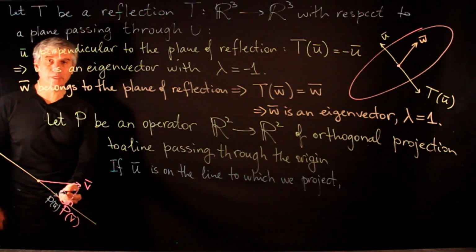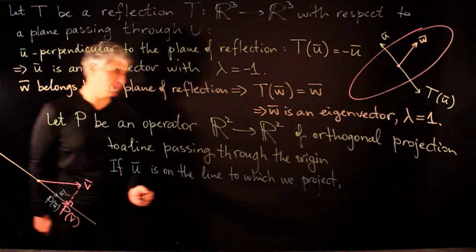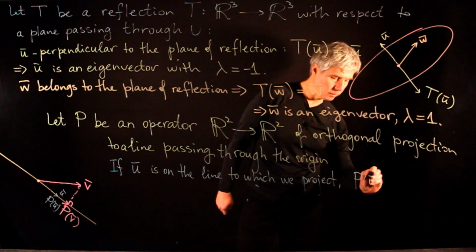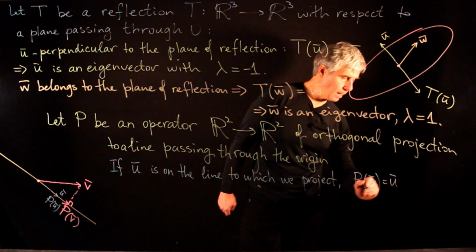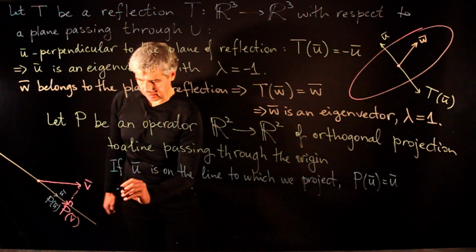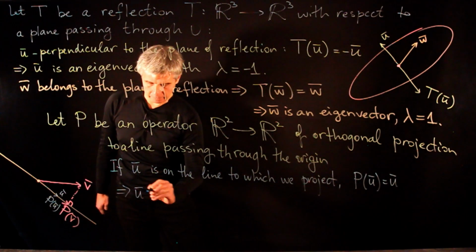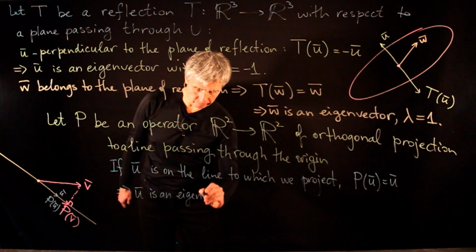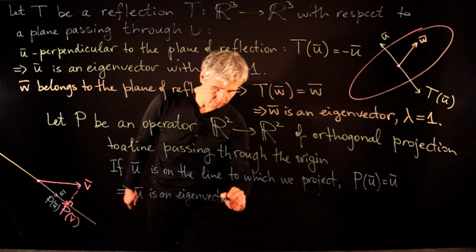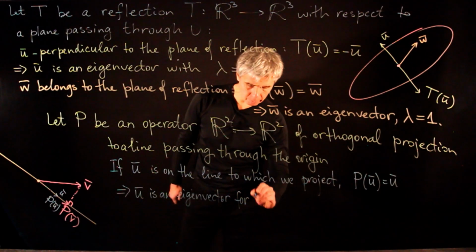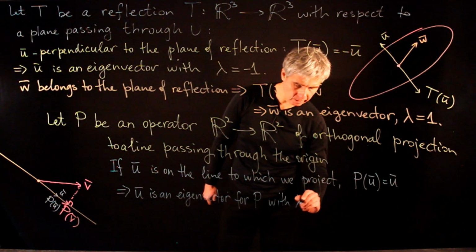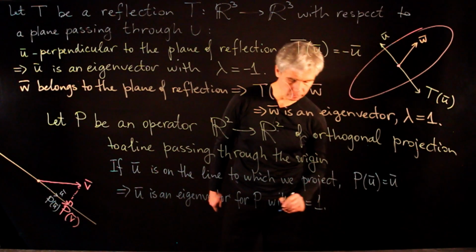So the projection will be again the same vector on the same line. So we have P of u equal to u. And so this tells us that u is an eigenvector for the projection operator P with eigenvalue lambda equal to 1.